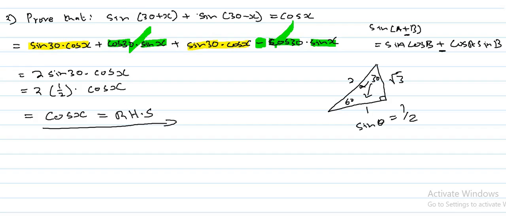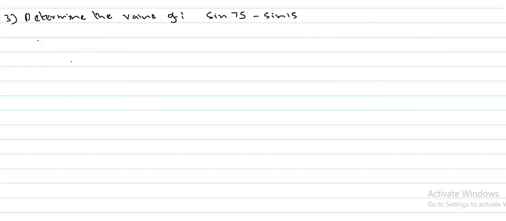Let's look at number 3. The third question says, determine the value of sine 75 minus sine 15. Again, here they are asking us to see if we understand the compound angles. So you try to express 75 in terms of special angles.